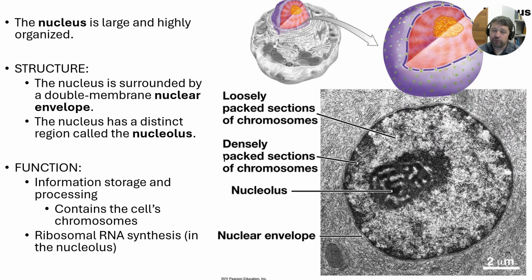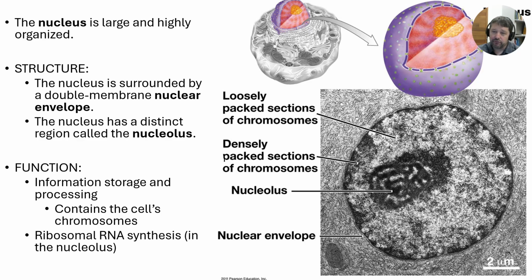Okay, so here's just an example of it. You can see this outer membrane, that's the nuclear envelope. So this would all be inside the cell. You get inside the cell, you find the nucleus.